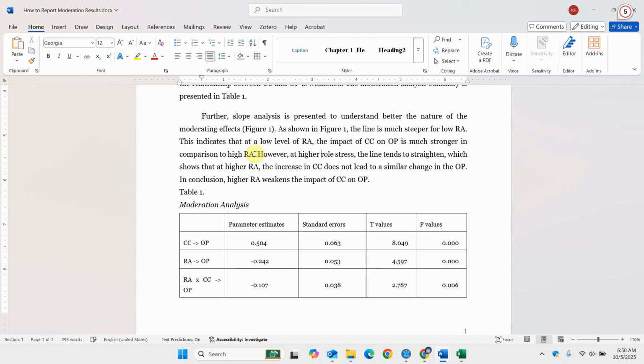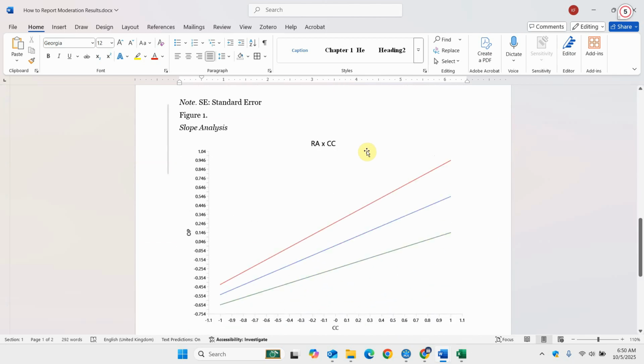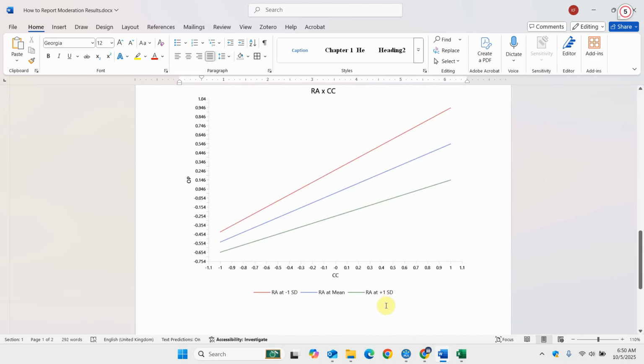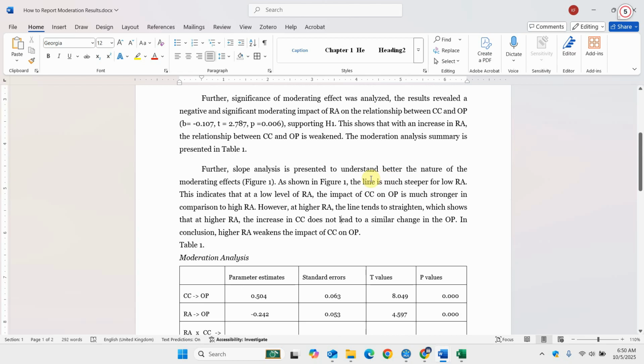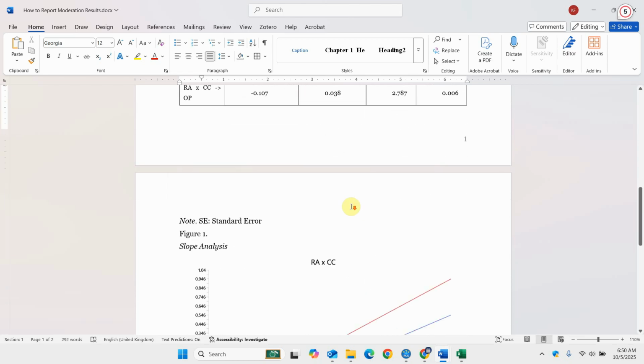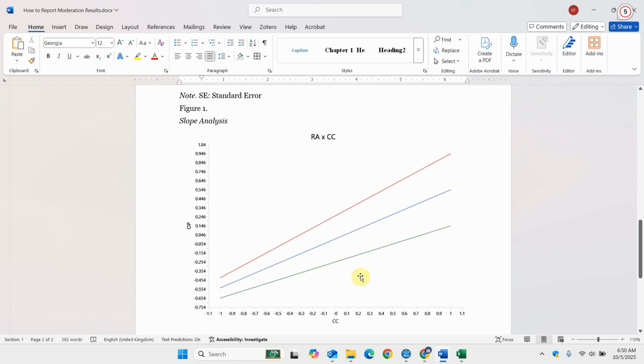However, at higher role ambiguity, the line tends to straighten, which shows that at higher role ambiguity, the increase in CC does not lead to a similar change in OP. At low RA, the impact is stronger. However, when you compare it with higher role ambiguity, which is your green line here, the line tends to straighten.